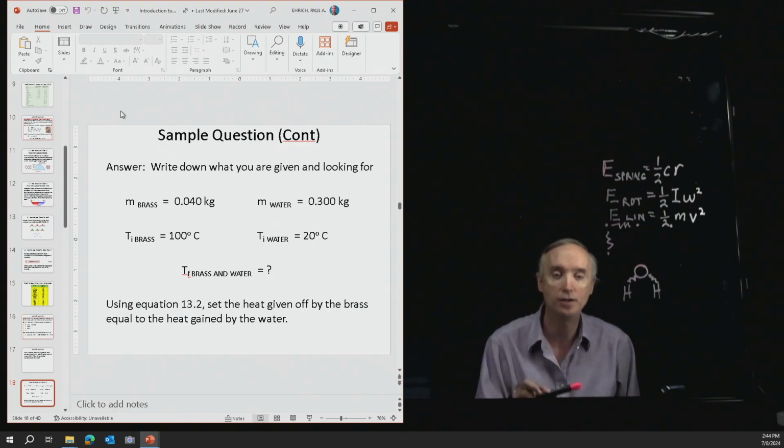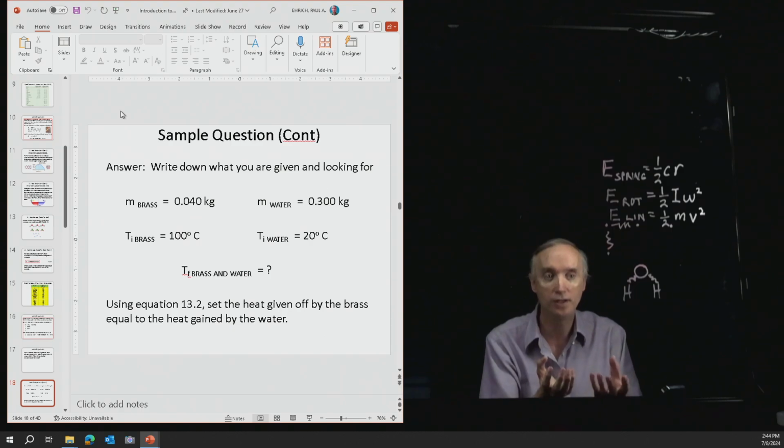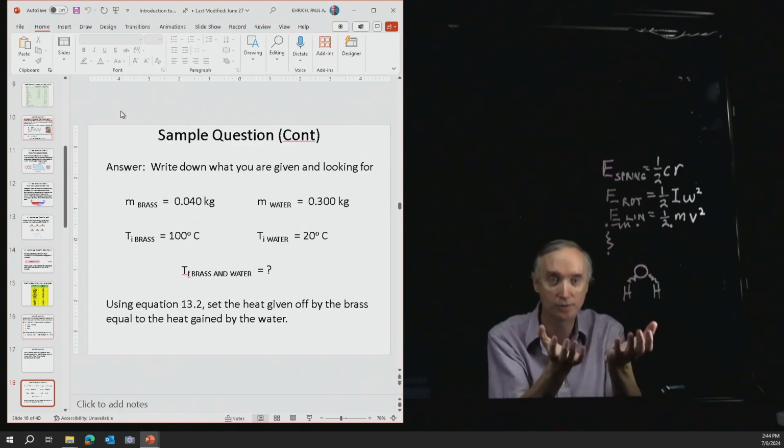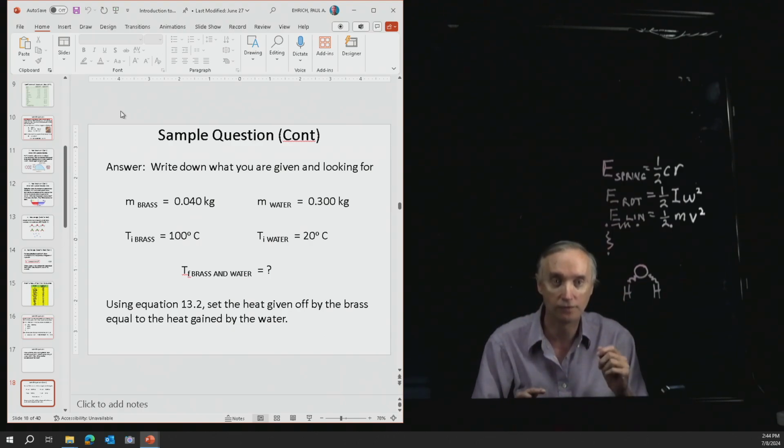So when it comes to equilibrium, the brass is going to cool down, the water is going to heat up until they're both at the same temperature. So that's going to be the final temperature of both the brass and the water. So we're going to take all this information and put it into equation 13.2.